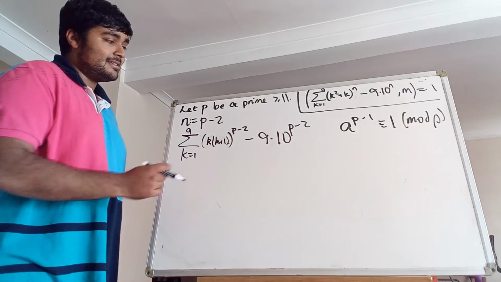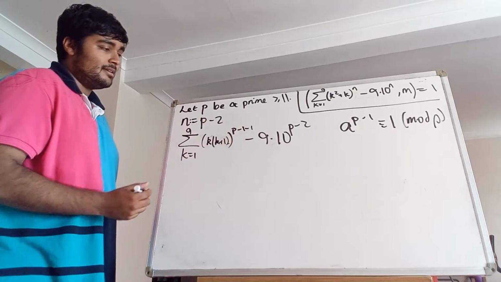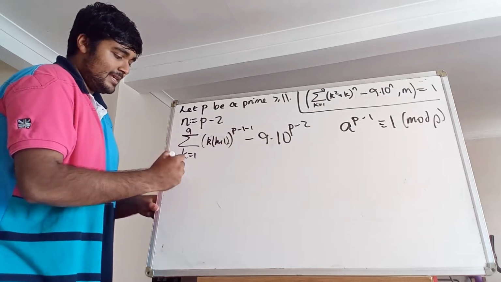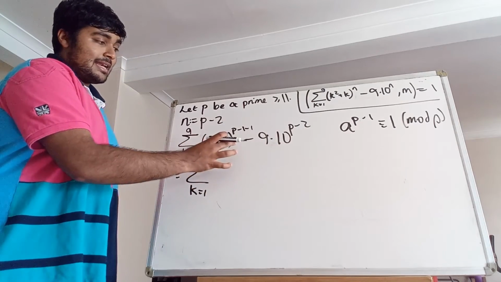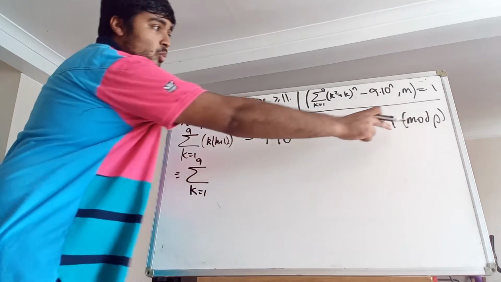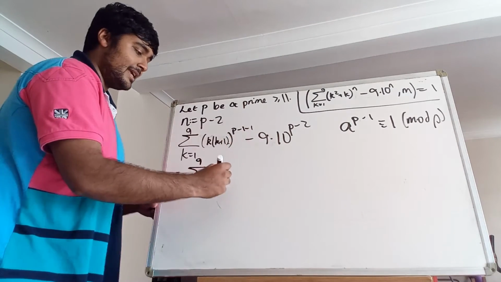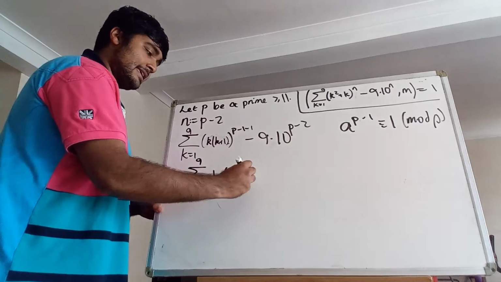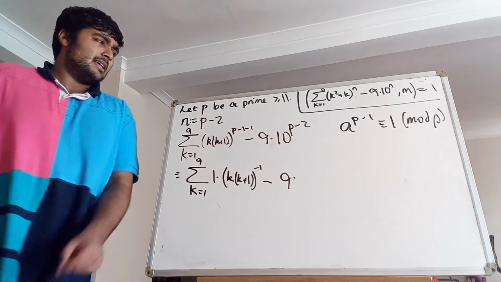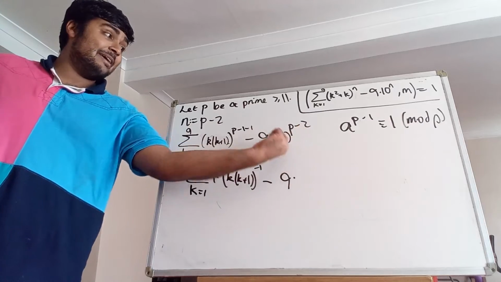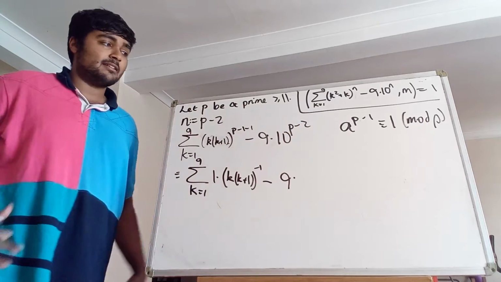And so that's going to tell us that if we write this p minus 2 as p minus 1 minus 1, this thing here is going to be congruent to the sum from k equals 1 to 9. Now we can write this as just 1 mod p. So it's going to be 1 times, well, we've still got a minus 1 here, so 1 times k plus 1 inverse, and then minus 9 times, and then we can do the exact same thing here, because 10 here is just 2 times 5, so it's not going to be a multiple of p, it's going to be coprime to p.